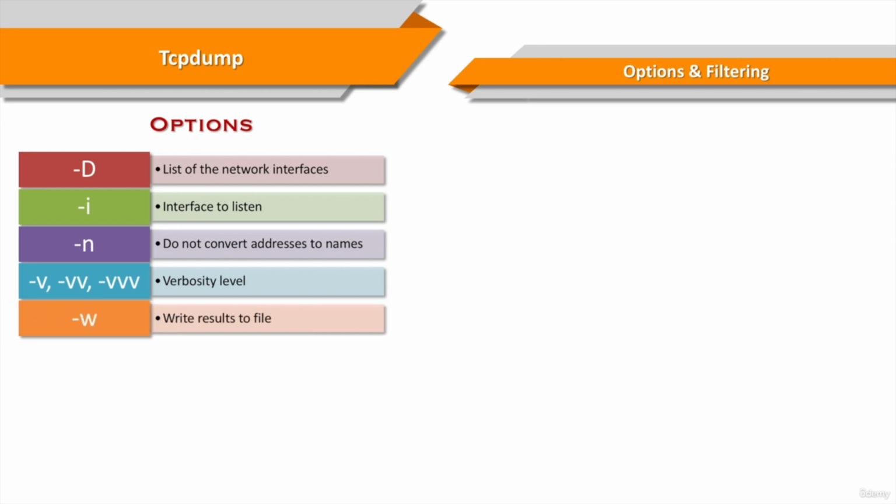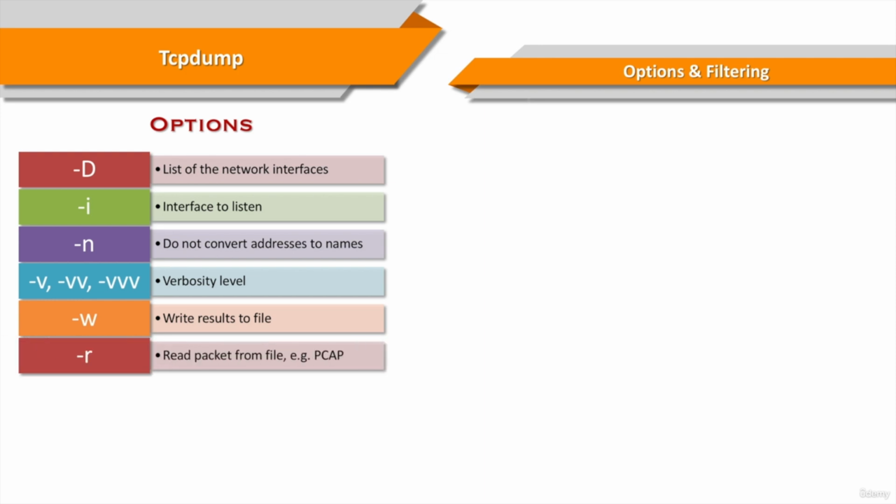-w writes the raw packets to the specified file rather than parsing and printing them out. -r reads packets from a file which was created with the -w option or by other tools that write PCAP or PCAPNG files. -A prints each packet in ASCII, handy for capturing web pages.